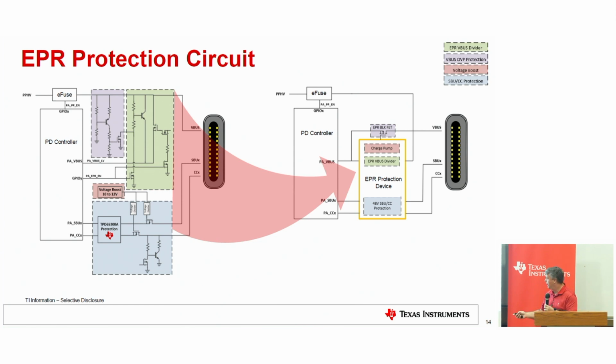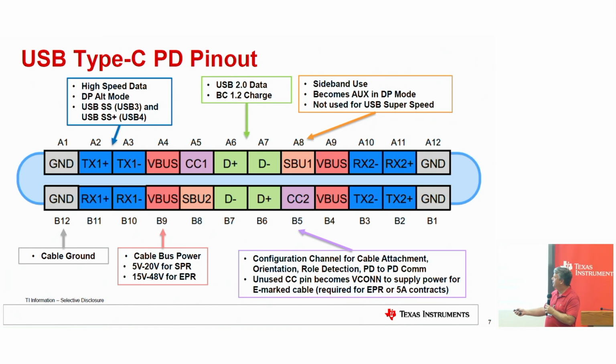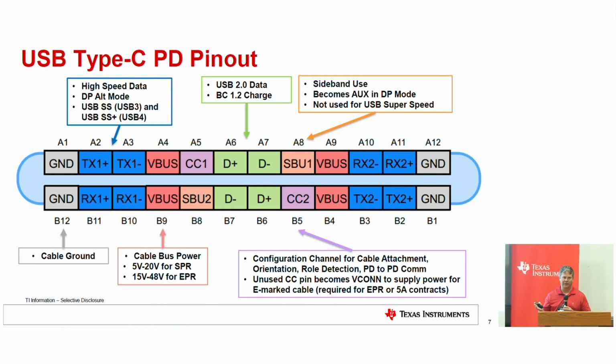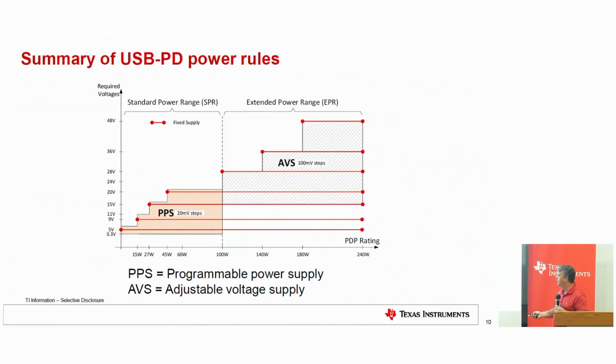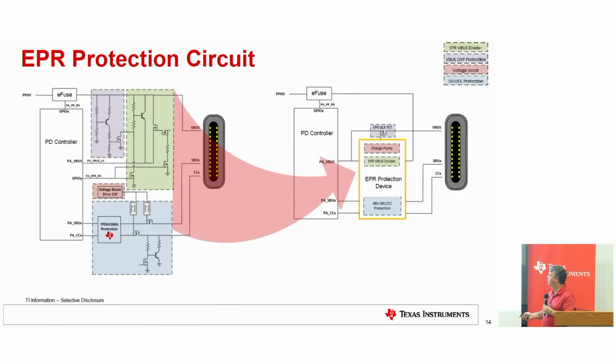If I go back here, you can see that you could easily short, say, V-bus to an adjacent pin. So we call them protection devices for short to V-bus, to keep that from happening so that we self-protect ourselves. There's some circuitry we put on there to keep those pins from getting exposed to 48 volts. Again, all part of our reference designs that we'll share with you, and all will be internal to this device when we come out with it.